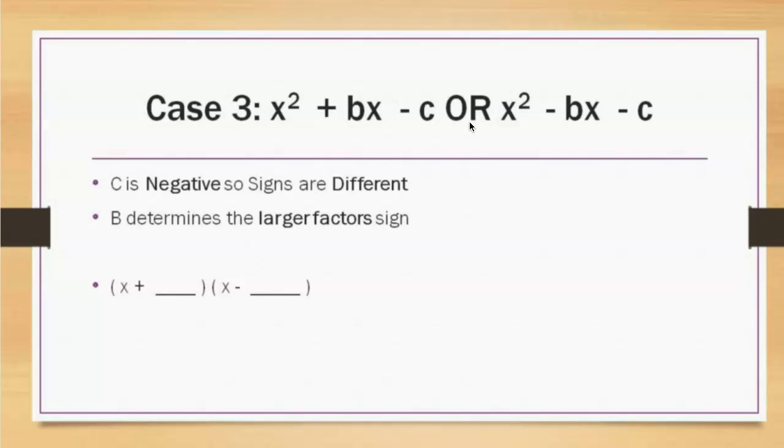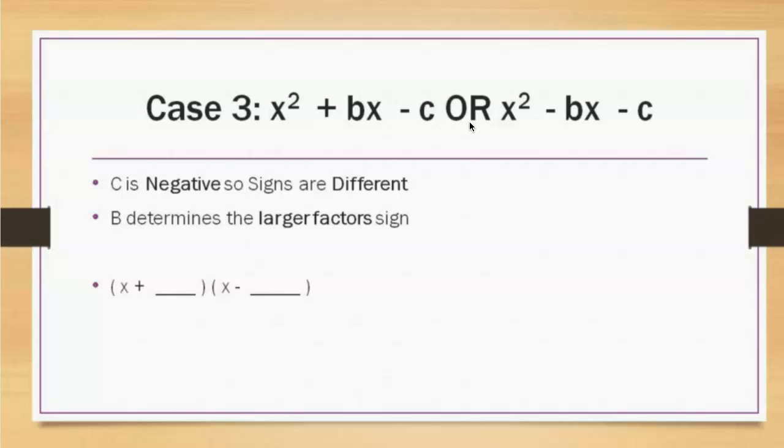And then we have one final case. The final case is the case in which the C term is now negative, but the B term could be positive or negative. So if the last term is negative, then my middle term is going to determine which factor gets which sign.